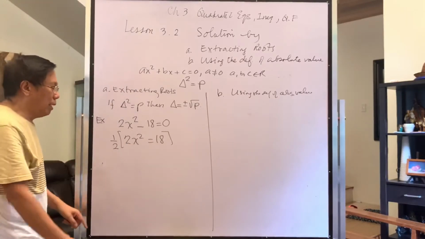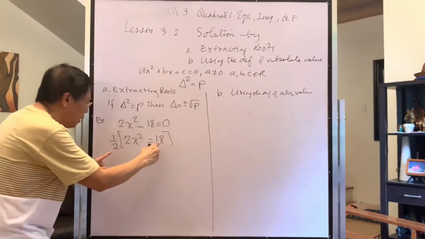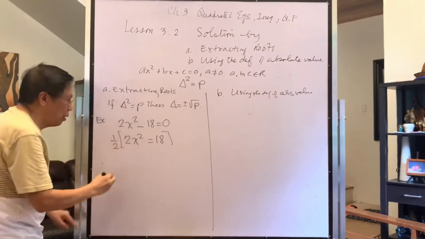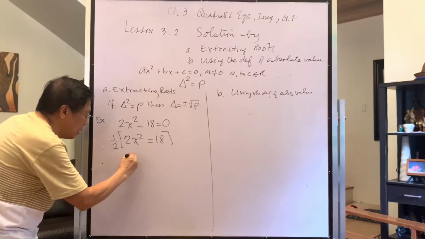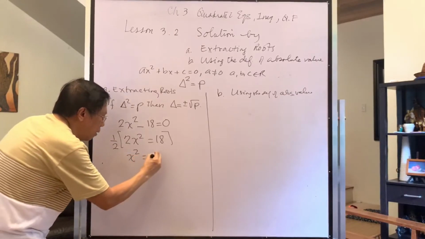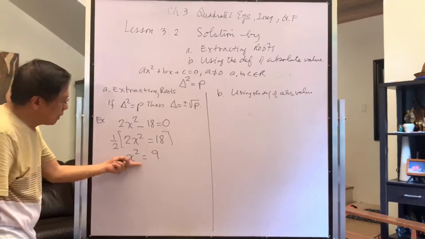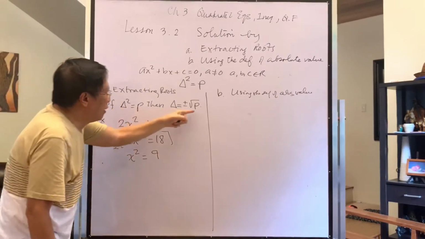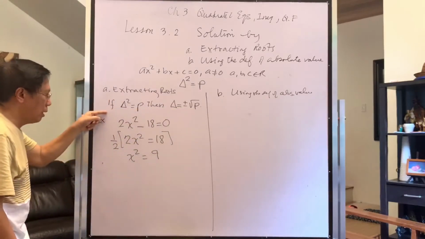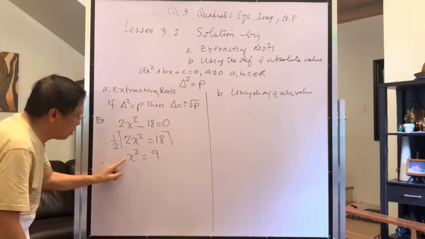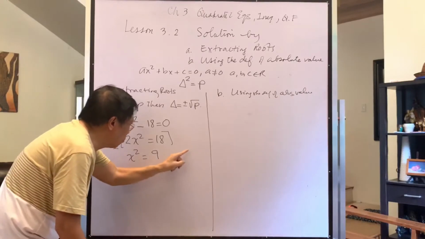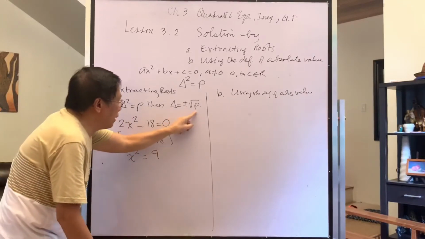We can do that by MPE by the multiplicative inverse of 2, which gives us x squared equals 9. From this equation now, we are ready to apply this square root property. So, if x squared equals 9, then x equals plus or minus square root of 9.